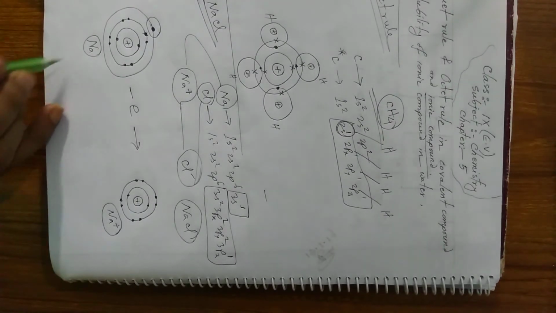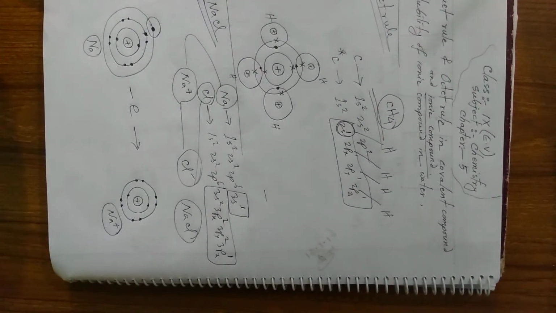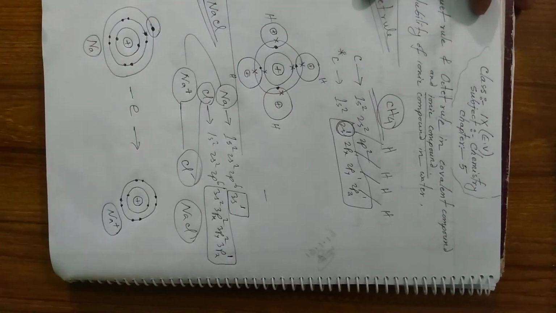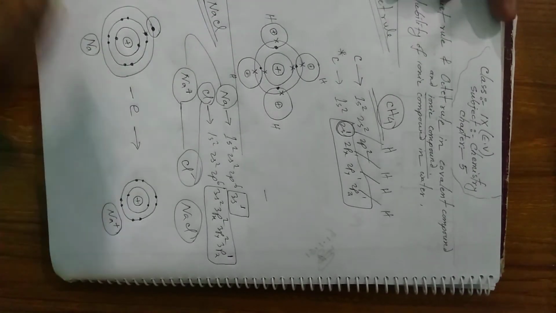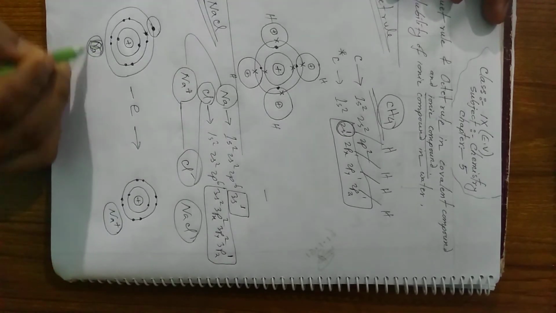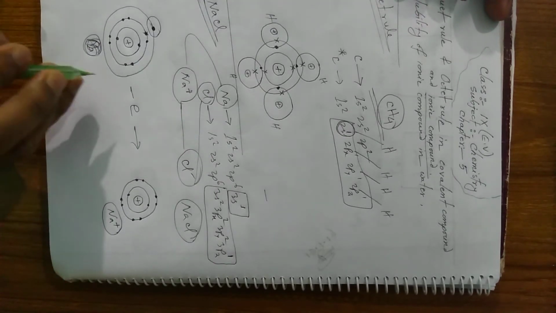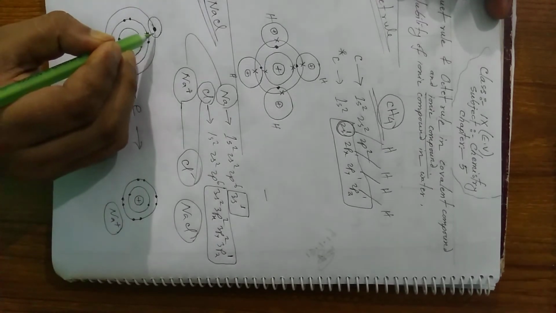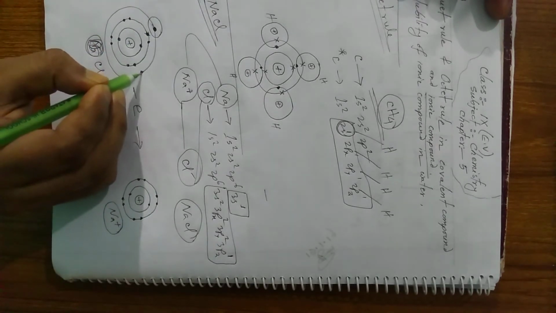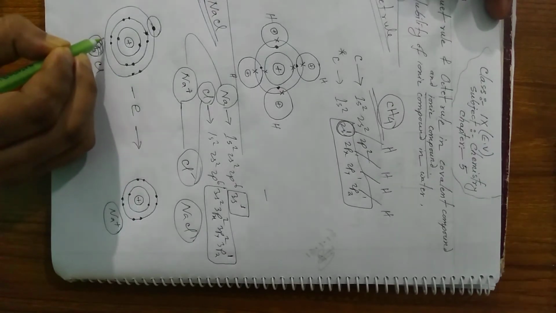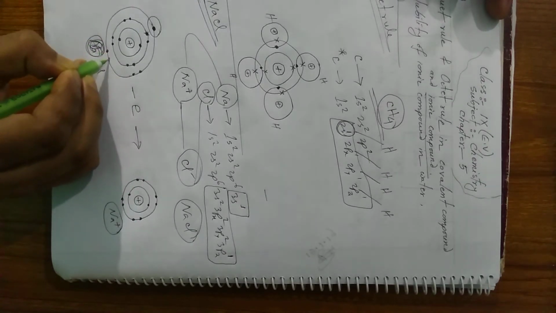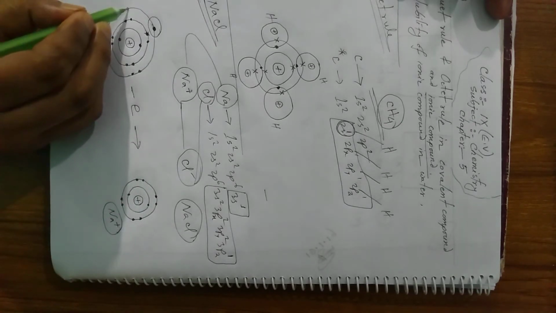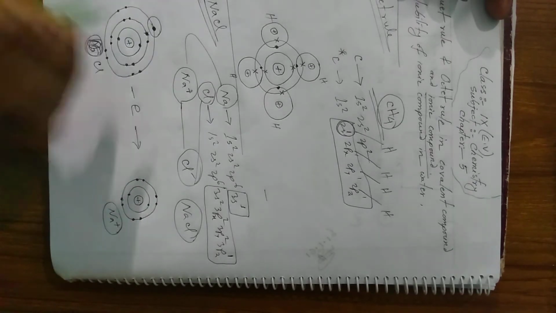If we see the orbit figure of chlorine, assume that this is the orbit figure of chlorine. 1, 2, 3, 4, 5, 6 and this 7.